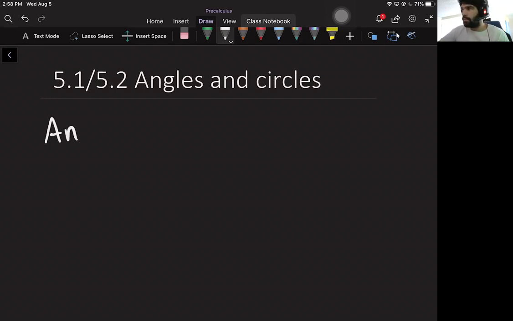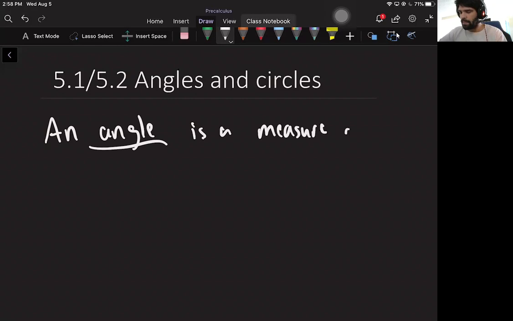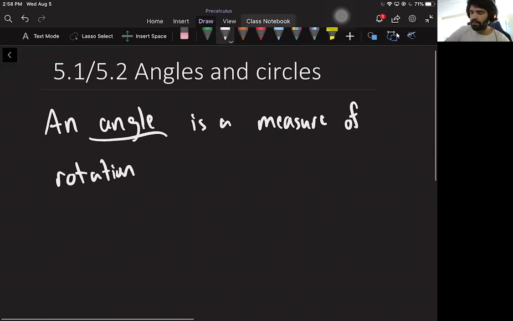So to begin, we're going to learn about angles. So what is an angle? An angle is a measurement or a measure of rotation. But it's better understood just through pictures. So the idea is something like this.